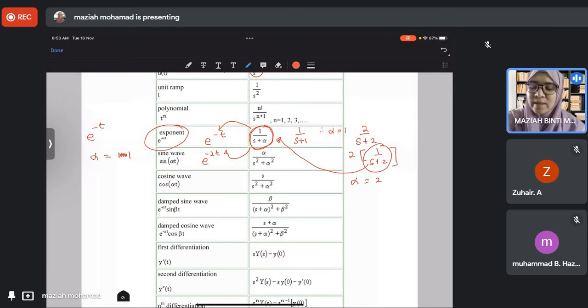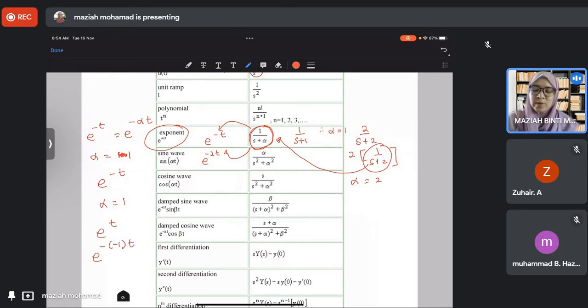The alpha is 1 here, so in general, it is exponent negative alpha t. So if it is exponent negative t, alpha is equal to 1. But in our case, exponent t, so meaning here it is exponent negative 1 t.